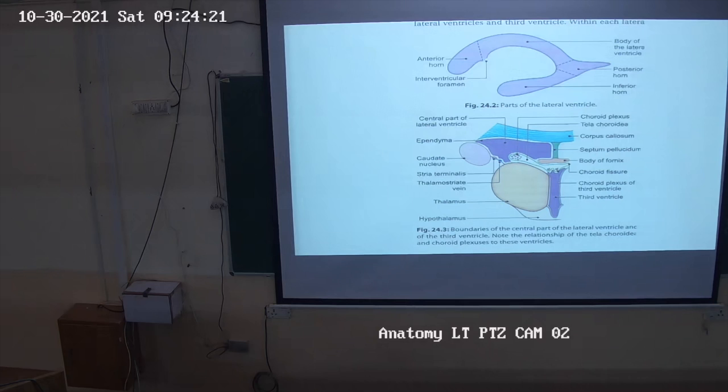Now the central part, which is just like a triangular sheet, has a roof, medial wall and floor. I am telling you first the central part.